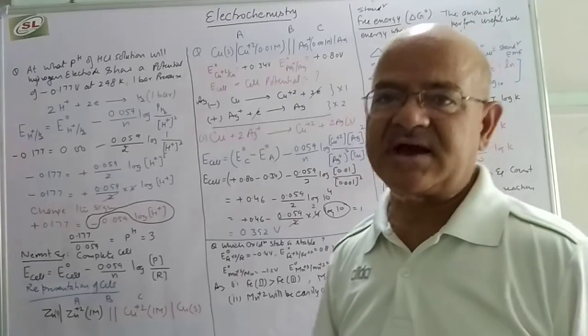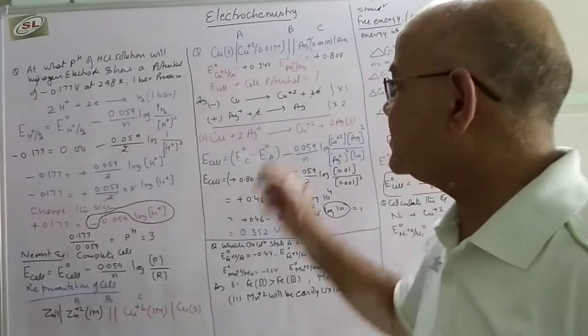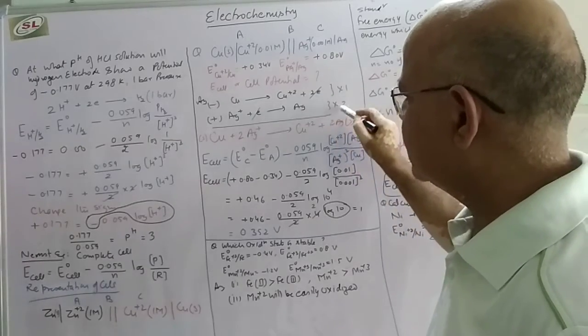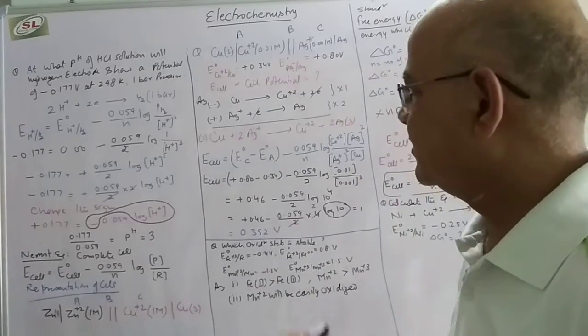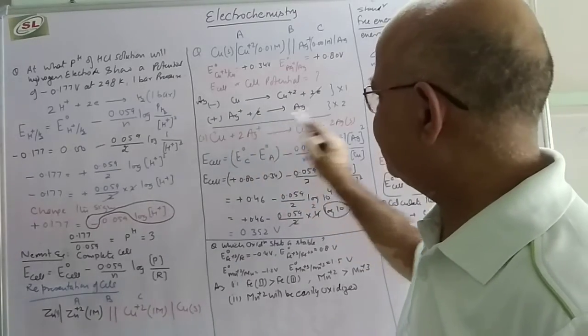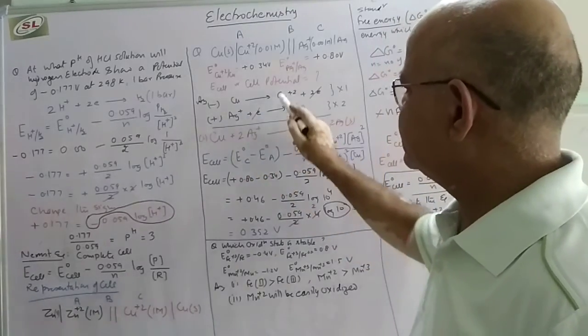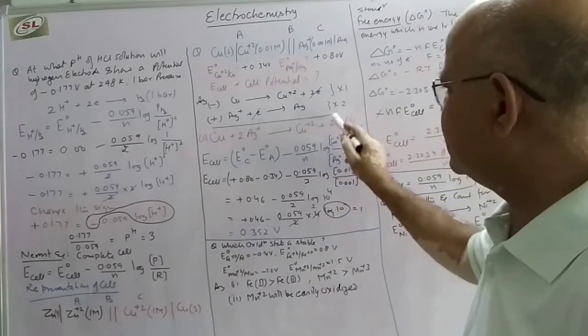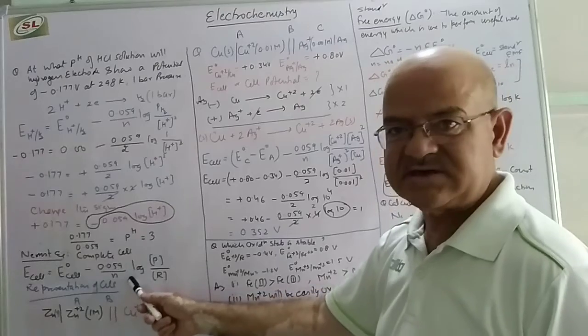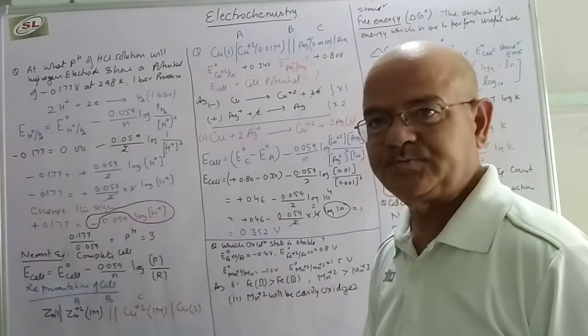To cancel out the electrons, we will multiply one by 1 and the other by 2. Now Cu + 2Ag+ changes into Cu+2 and 2Ag. This is the complete cell equation.